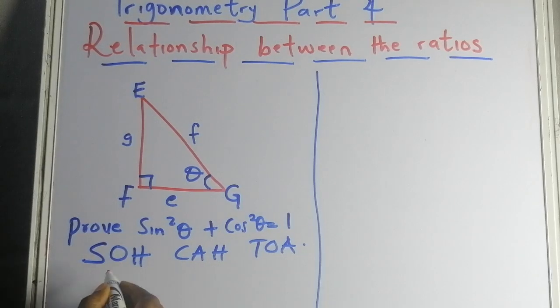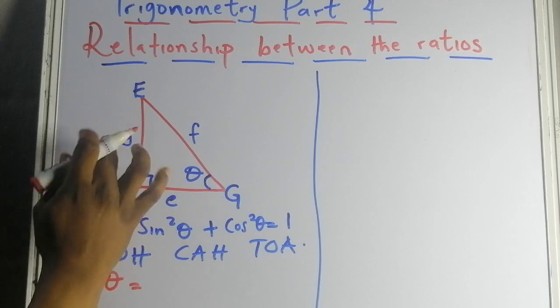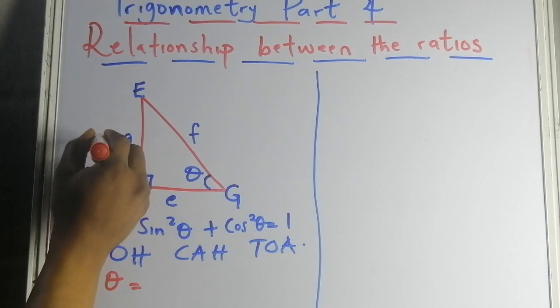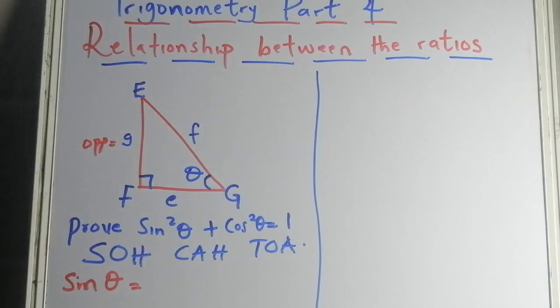So sine theta is equal to what? Opposite over hypotenuse. Sine theta here equals opposite over hypotenuse. What is the opposite? This is the opposite here. I've told you in part 1 or part 2, that where the angle is facing is opposite.